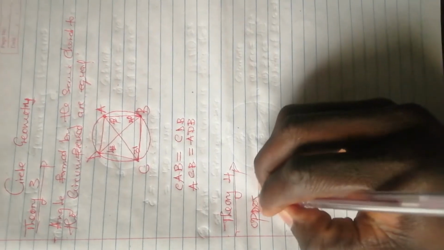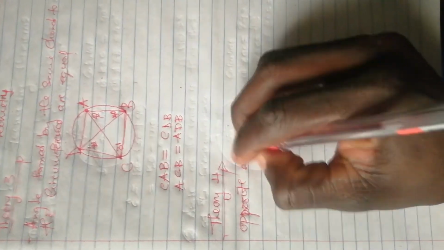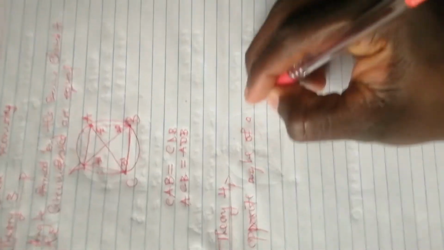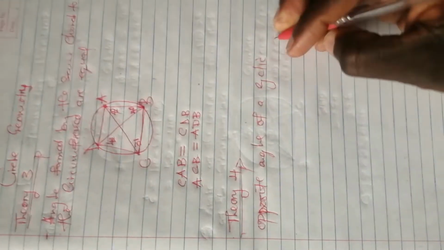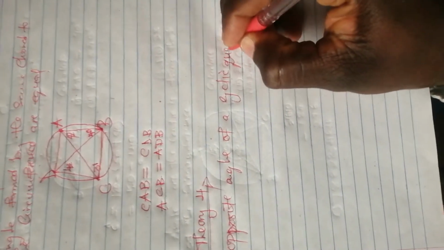What is theory number 4 saying? Theory number 4 is saying opposite angles of a cyclic quad are supplementary.